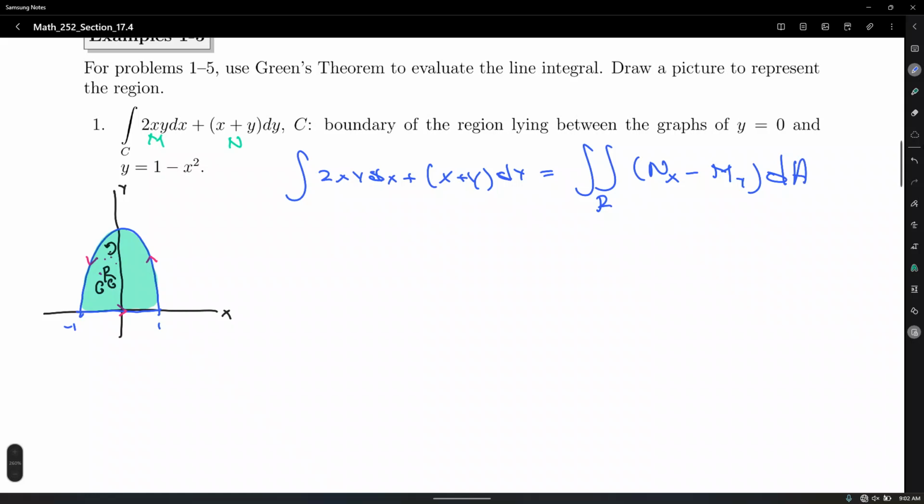You know all about dA: it's how we will iterate this double integral. We may or may not need polar coordinates. Actually, we will. So let's iterate this integral.